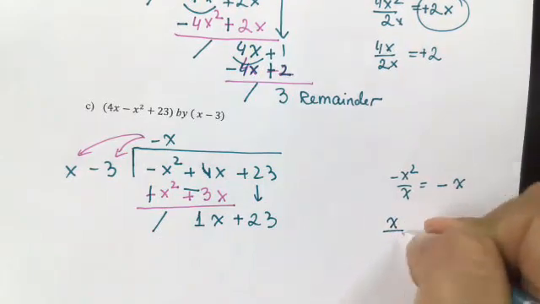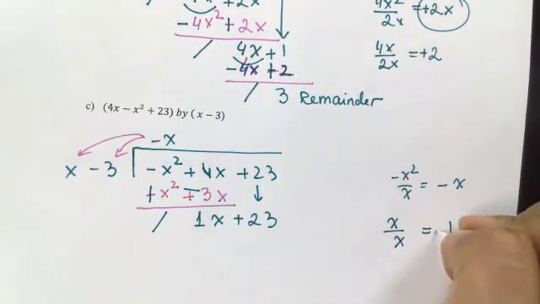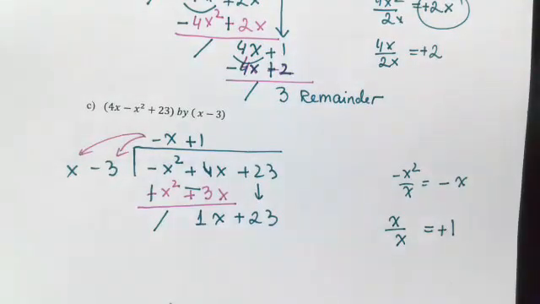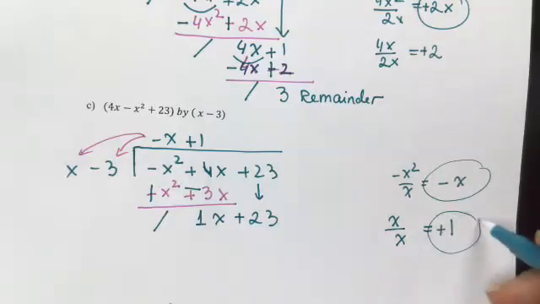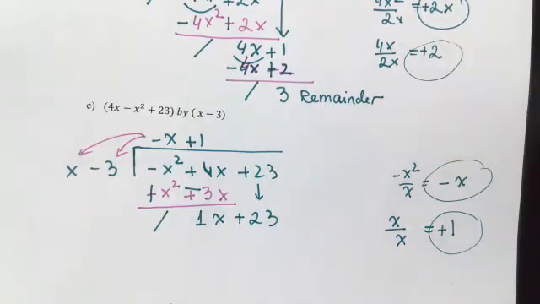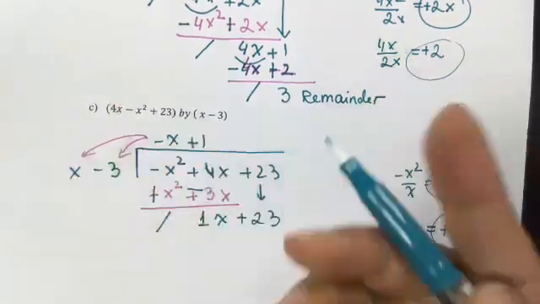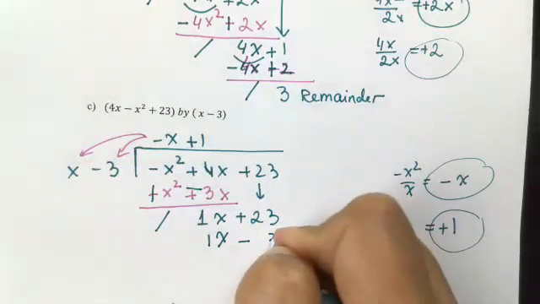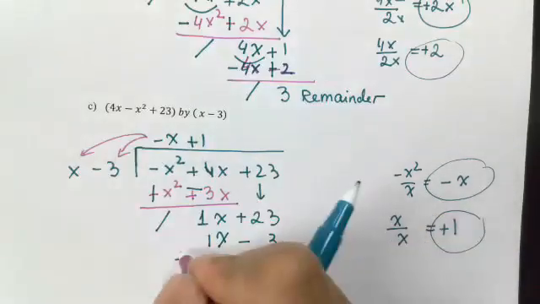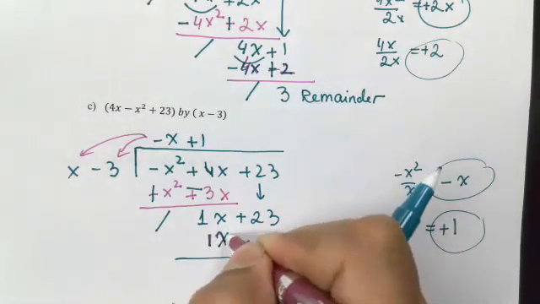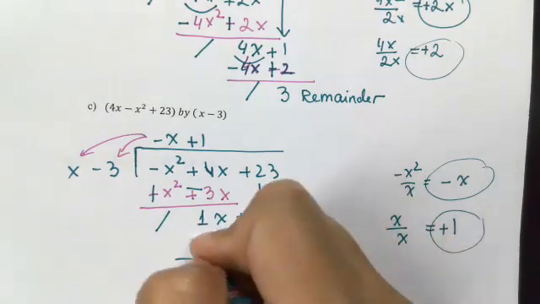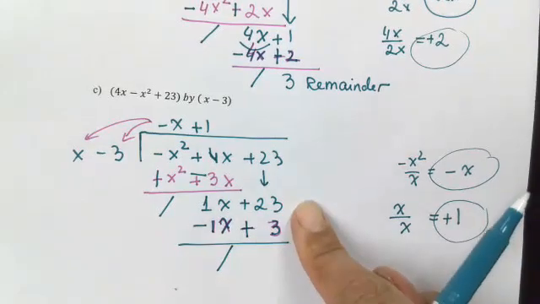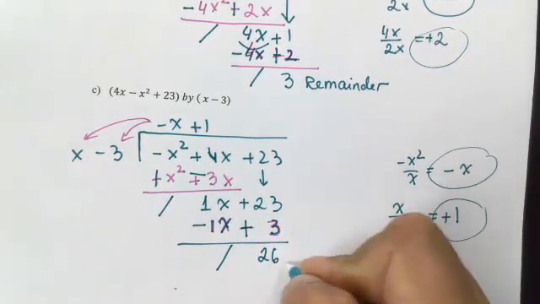And then x divided by x is 1 plus 1 in the quotient. Both of these, they go in the quotient. And then multiply through. 1 times x is x, or 1x. 1 times -3, -3. Change the signs. Negative, positive. Nothing in the first subtraction. 23 plus 3 is 26.